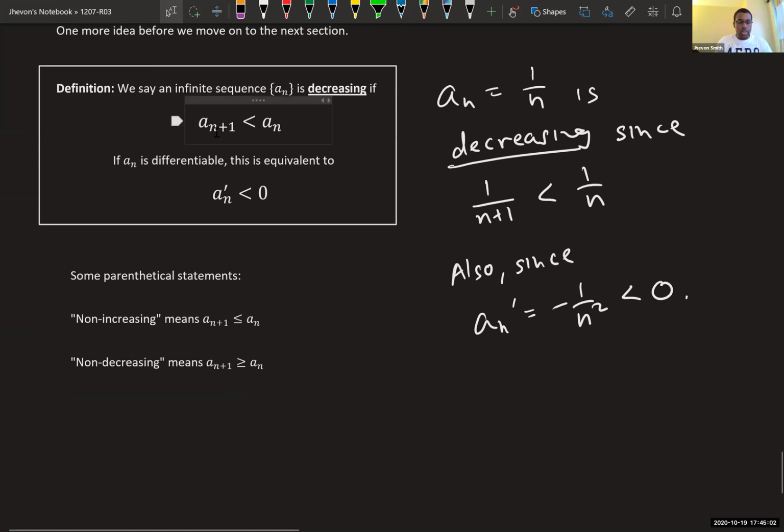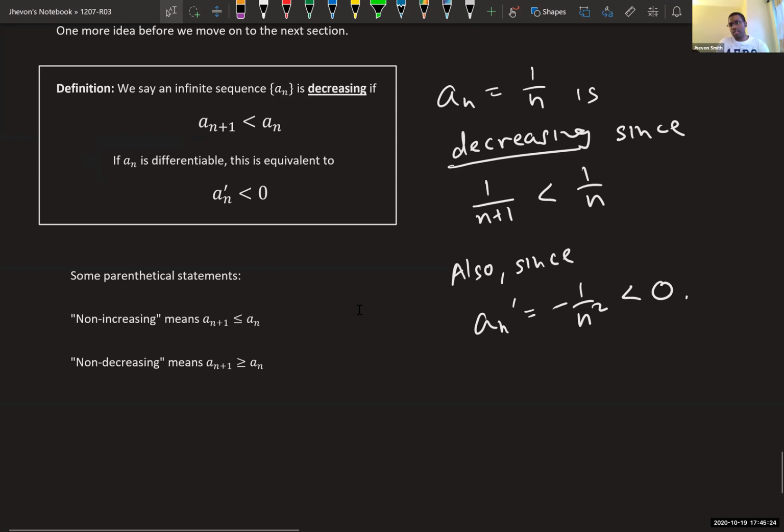So basically, you can identify that the (n+1)th term is going to be smaller than the nth term, or just basically identify that if your a_n can be written as a formula and that formula is differentiable, then you just see if the derivative is strictly less than 0, and that would mean decreasing, right? Just like in the Calc 1 case.